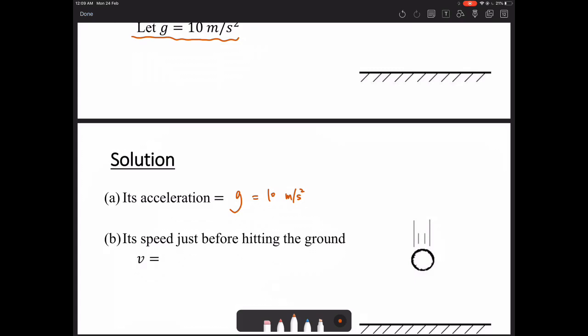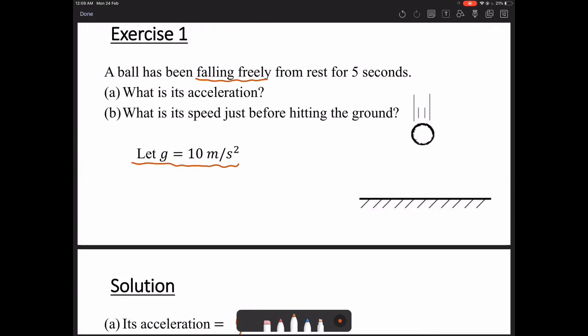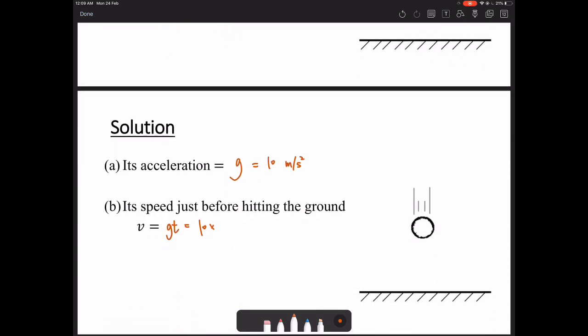We apply the equation we just learned, that is final velocity equals g times t. Small g is 10 in this question, and our time is from rest for 5 seconds, so t will be 5. That will be 50 meters per second.